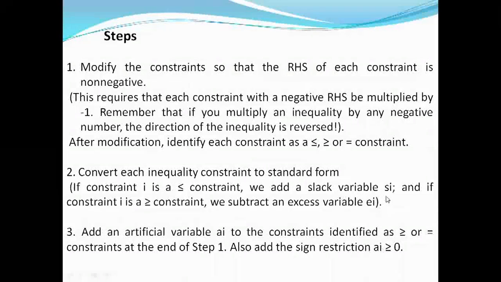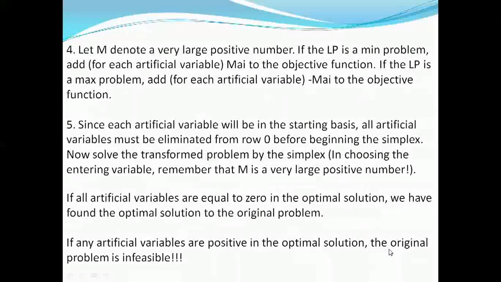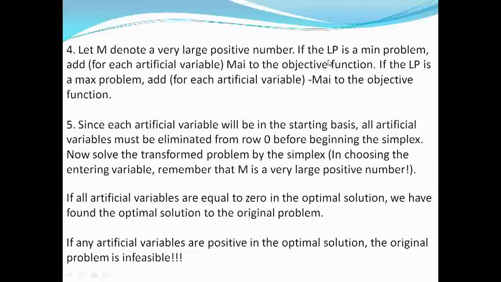In the third step, we are adding an artificial variable that is greater than or equal to 0. And beyond that, to solve the problem, we have to pick a large positive number, denoted with M, and that M will be given in the question itself. If it is a minimum problem, we will obtain the values in a positive range.